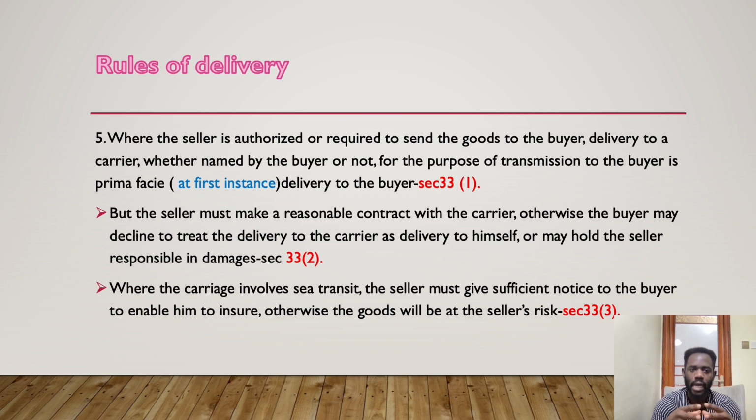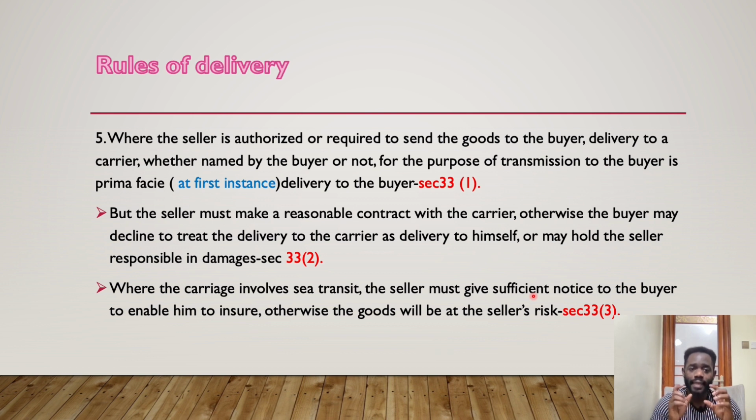Now, the next key section I would want you to look at is section 33(3), which talks about carriage involving sea transit, especially for people who import cars from Japan. Now, we may have a seller in Japan and the buyer in Kenya. Once that car has been put on a ship and it's being brought to Kenya, then the seller is required to give sufficient notice to the buyer about this car that has been put on the ship, so that the buyer can go ahead and insure the car, because anything could happen during the transportation of the car.